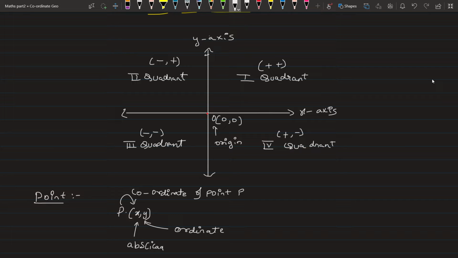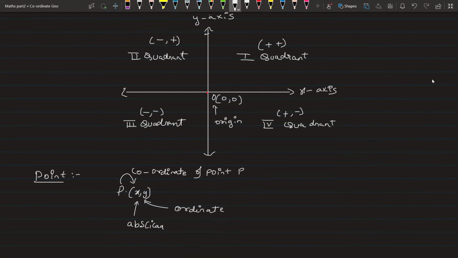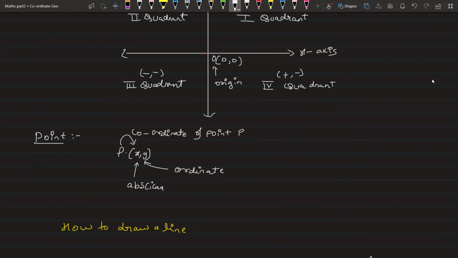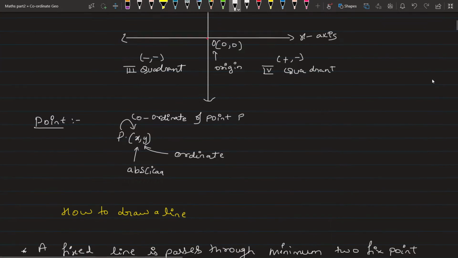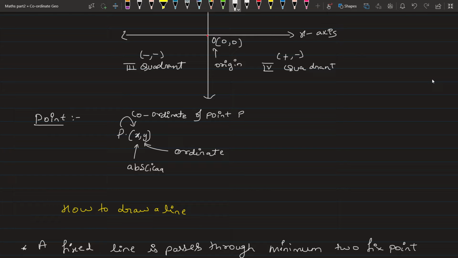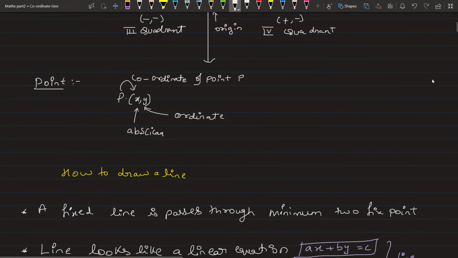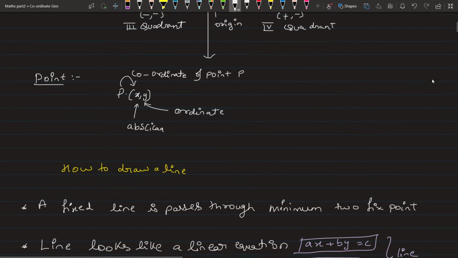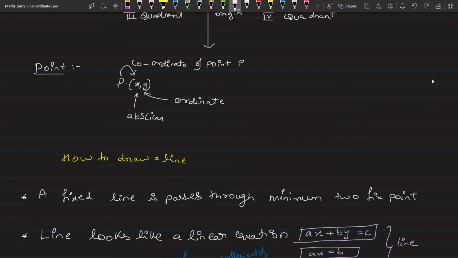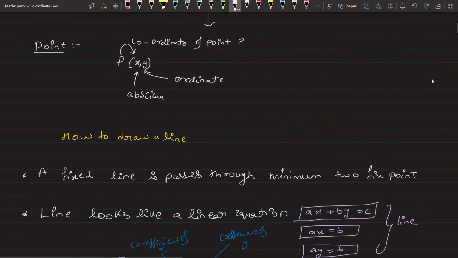In the second quadrant, x is negative and y is positive. In the third quadrant, both are negative. In the fourth quadrant, x is positive but y is negative. Here is a point P whose coordinates are x and y. The x coordinate is known as abscissa and the y coordinate is known as ordinate.